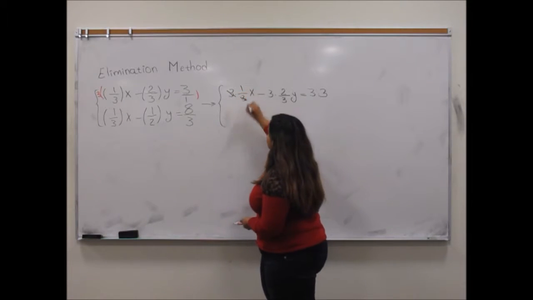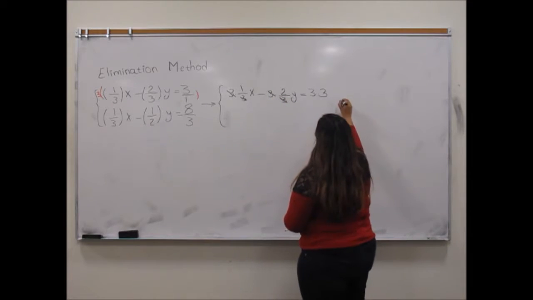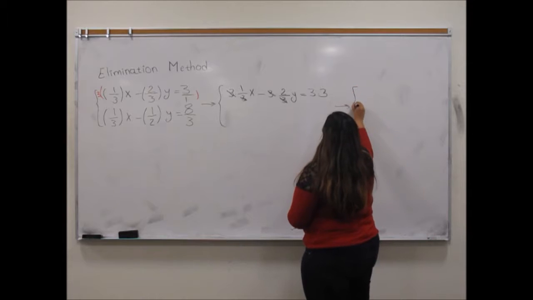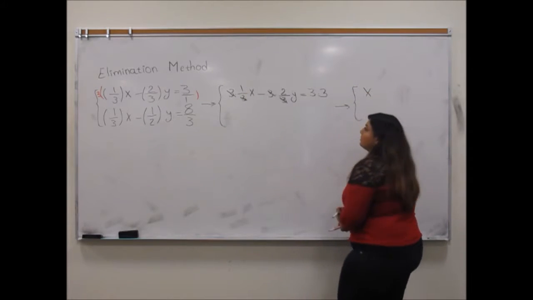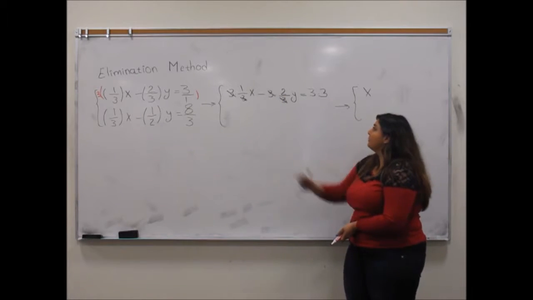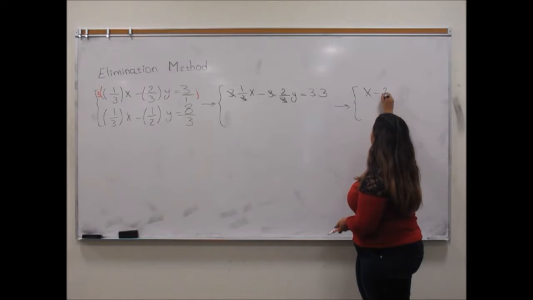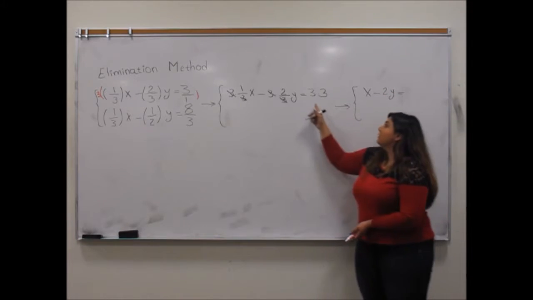Those will cancel each other out, same as this one. So I'm going to get, this is just x, 1x or just x, minus, I have it with a 2, so I have minus 2y equals 3 times 3 is 9.